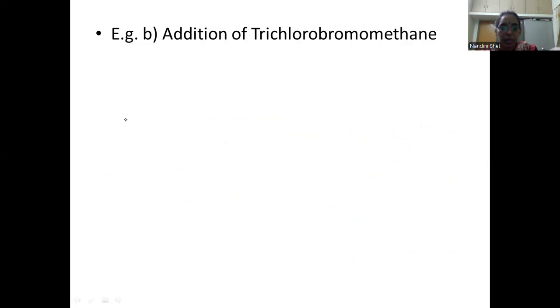Just one more example. I will not write the mechanism for this. We took the example earlier for HBr. Instead of HBr, if you try some other free radical addition, like addition of trichlorobromomethane, Cl3CBr, it is found that once again it will result in two products.